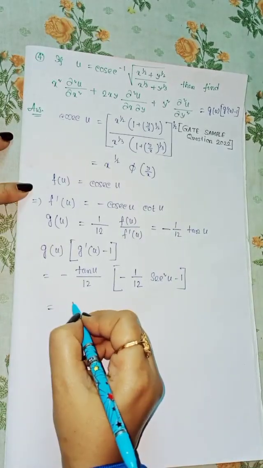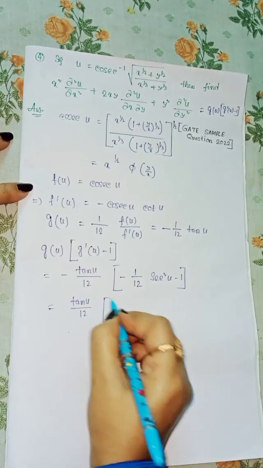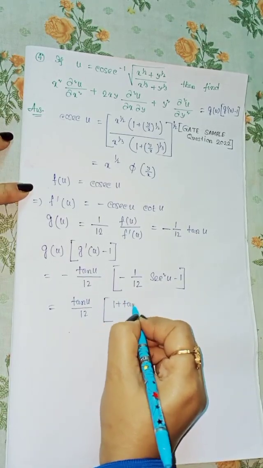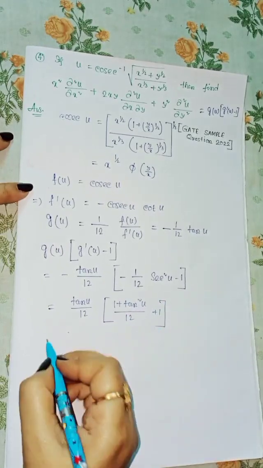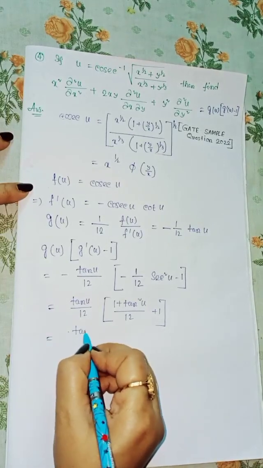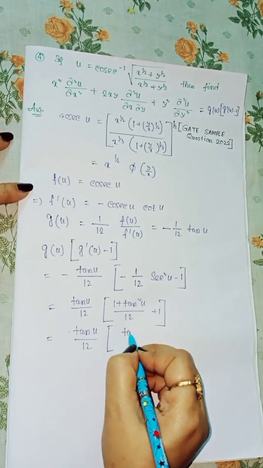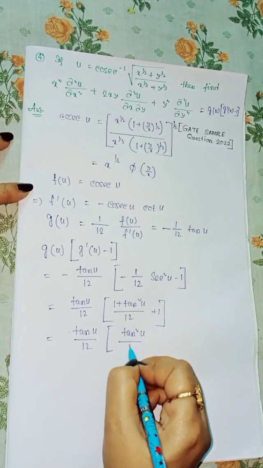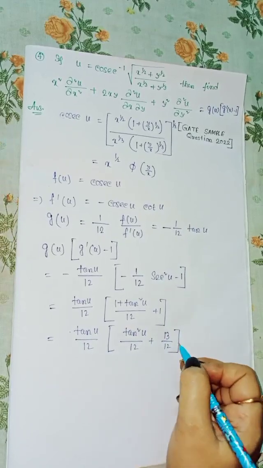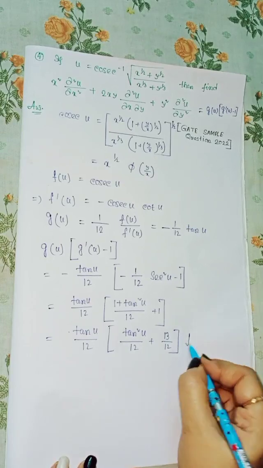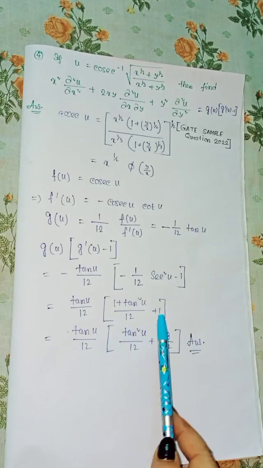So that is equal to tan of u by 12 into 1 plus tan square u by 12 plus 1. So tan of u by 12 into tan square u by 12 plus 13 by 12. So now we reached our adequate solution. So this is the whole solution of question 4.